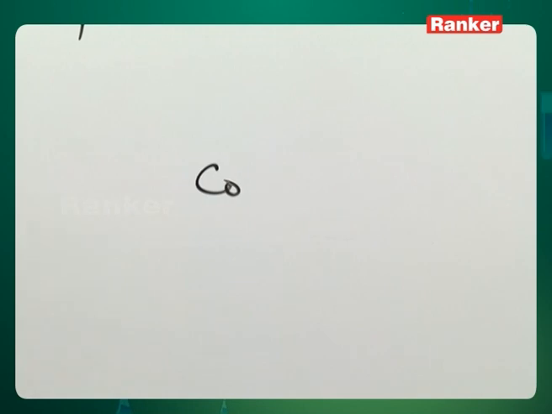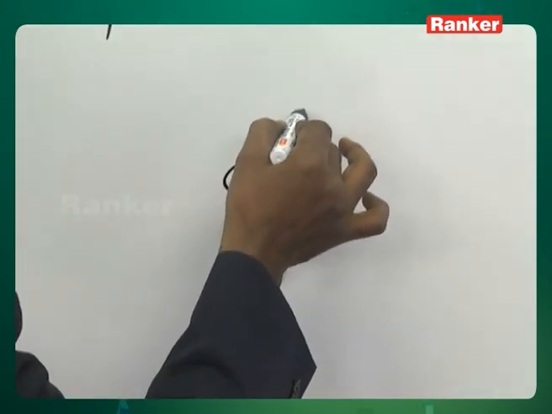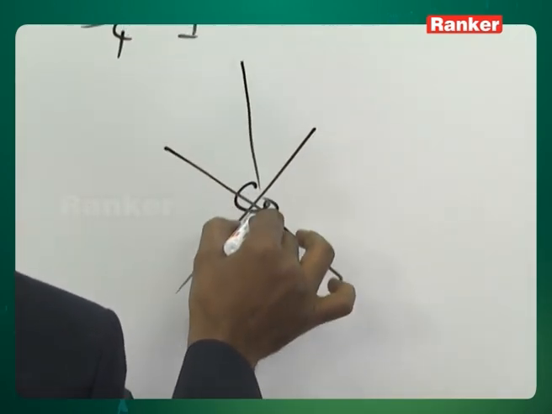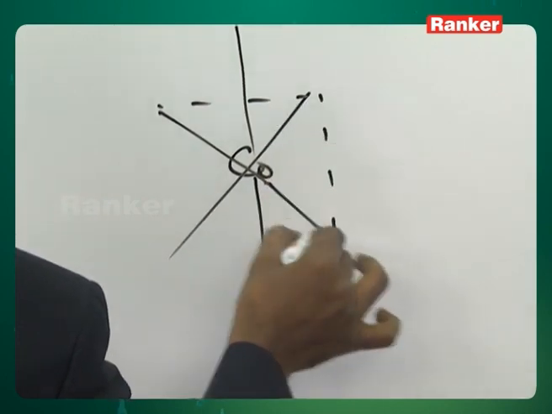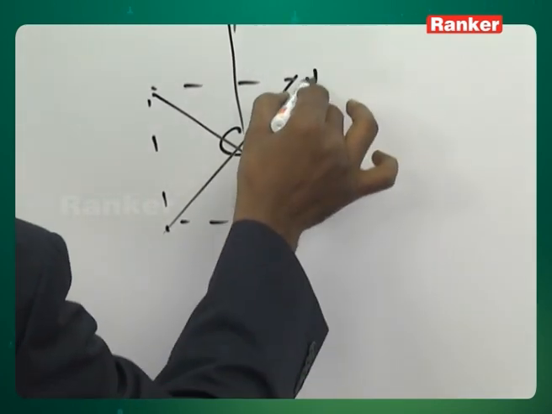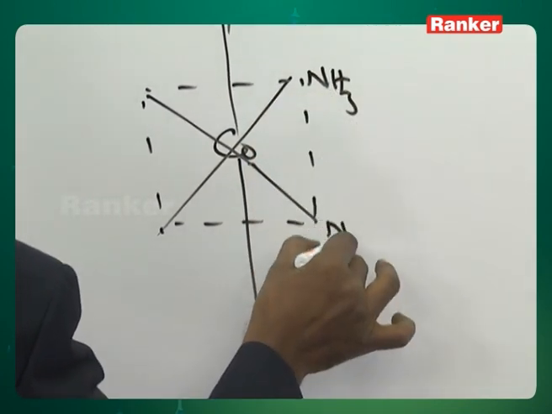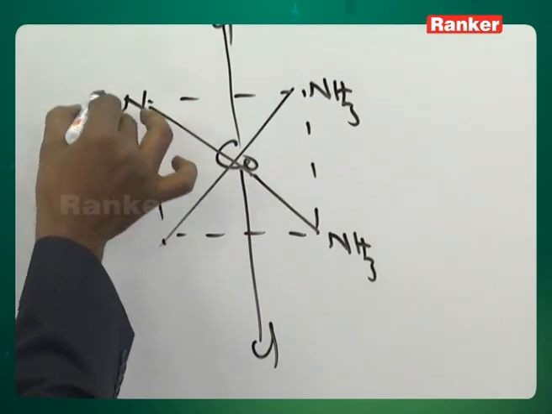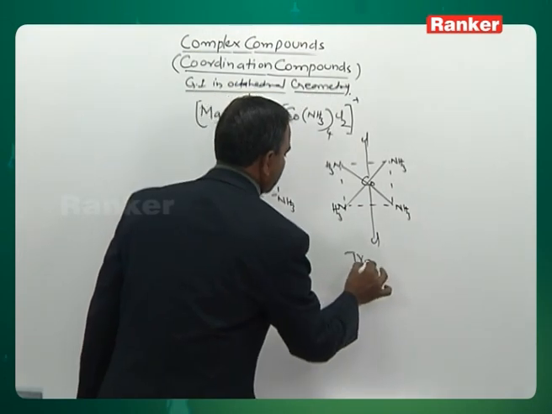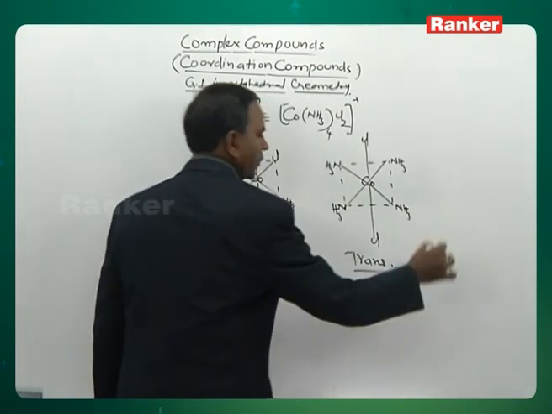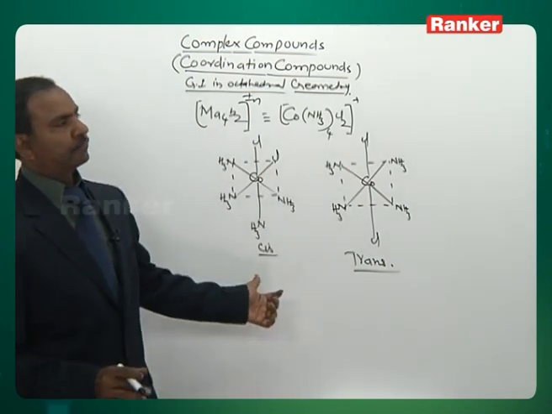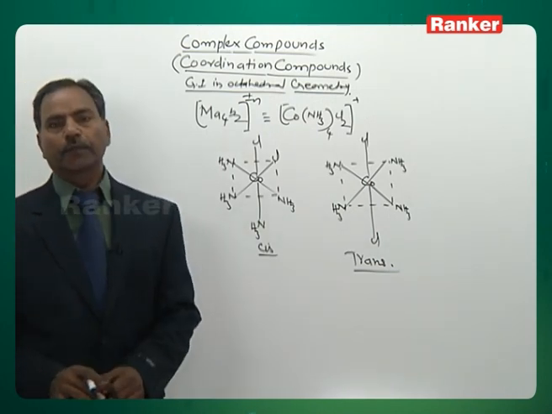We'll keep this particular chloride ligand in the axial position. This you consider as trans. Cis complex and trans complex, two complexes. These two are geometrical isomers to each other.